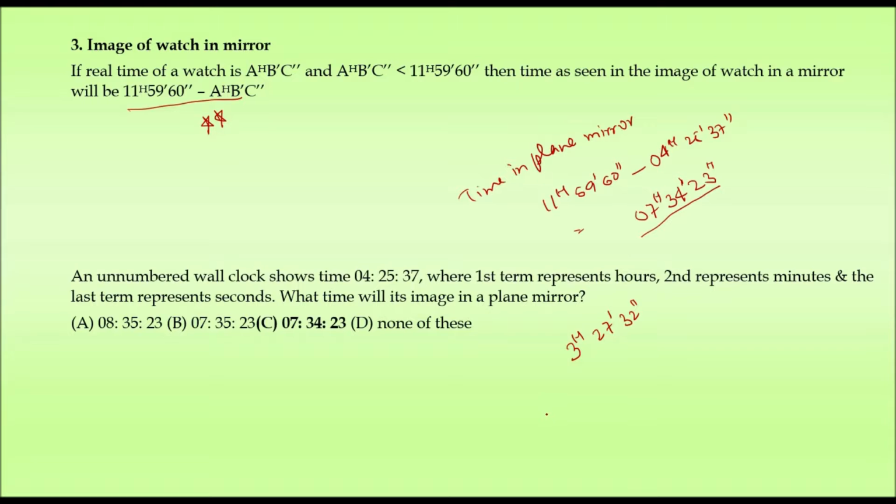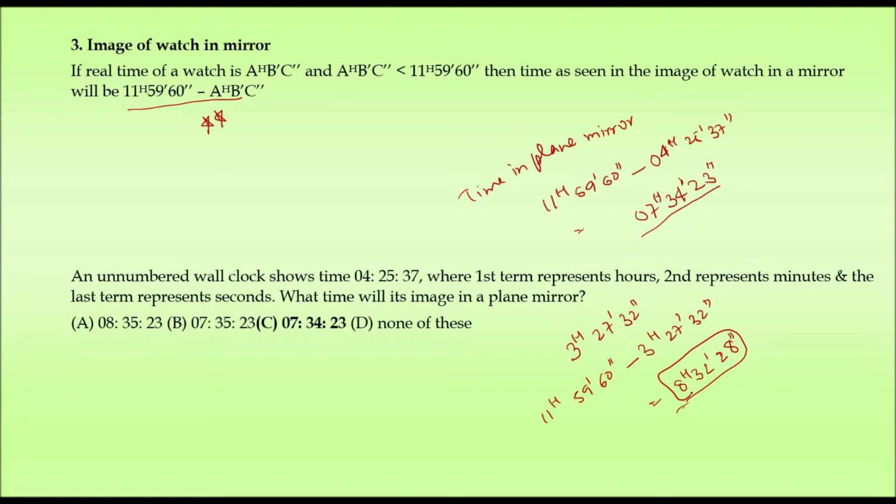So simply do the subtraction 11 hour 59 minute and 60 second minus 3 hour 27 minute and 32 second, and from there you get 28 second, and here 32 minute and 8 hours. So the time which is shown in the plane mirror will be 8 hour 32 minute and 28 second. So in this way we can solve the concept of image of watch in mirror.